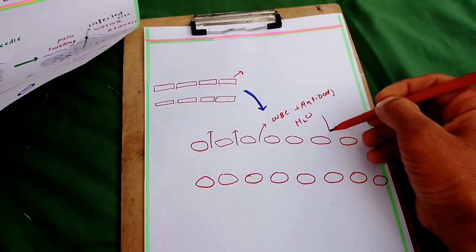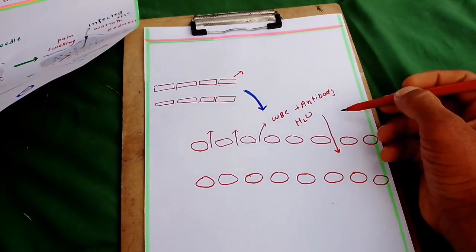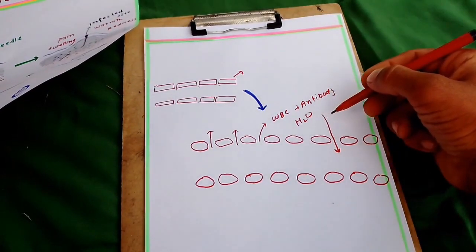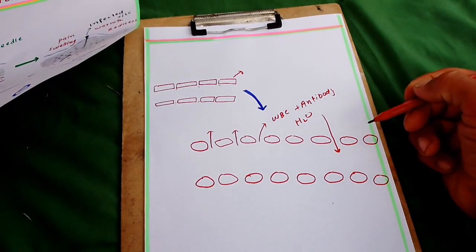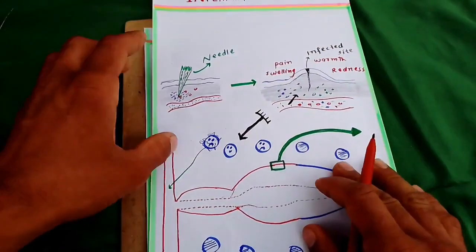How are these infected cells and pathogens removed from the tissue space back to the blood?